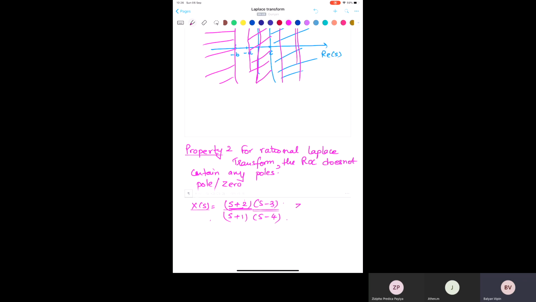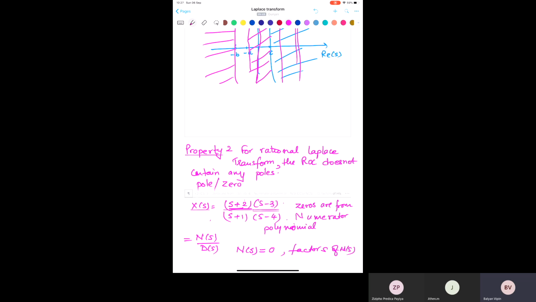So you can say the zeros come from the numerator polynomial. If I write it as N of s upon D of s, then for all the values of s where N of s equals 0, I find the factors of N of s.